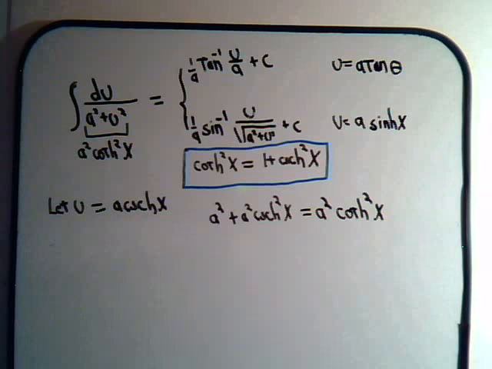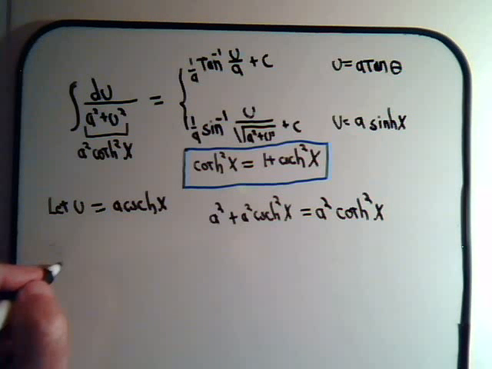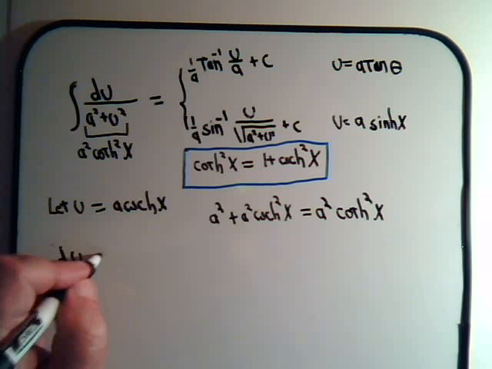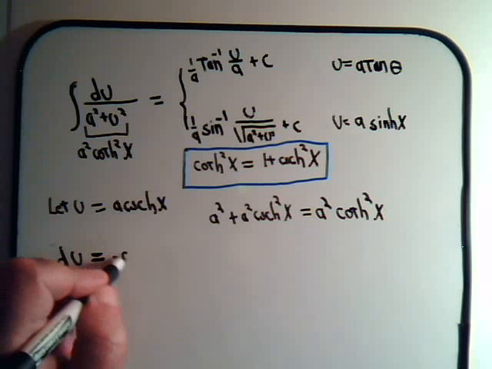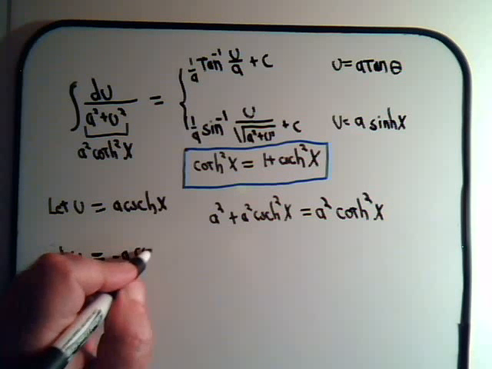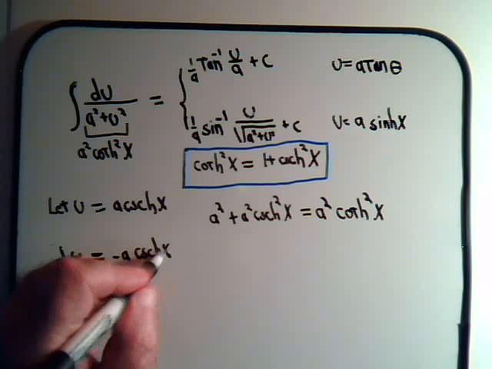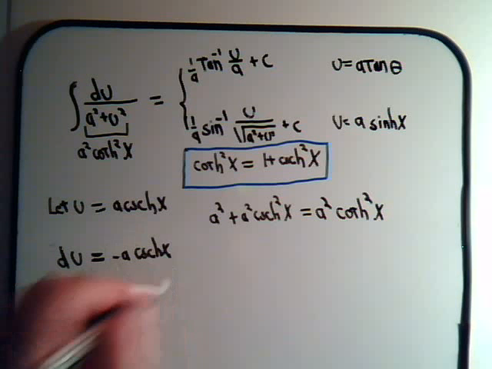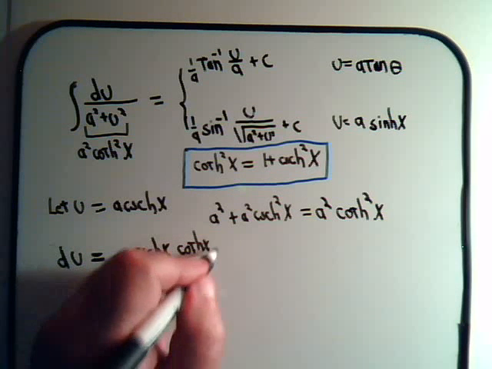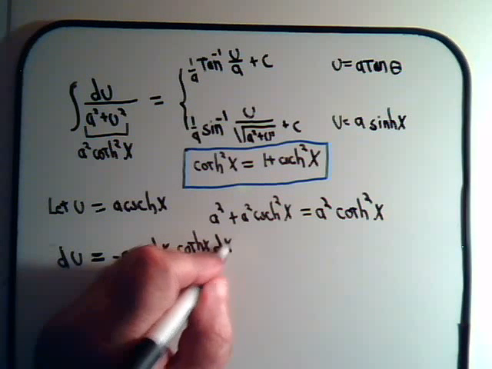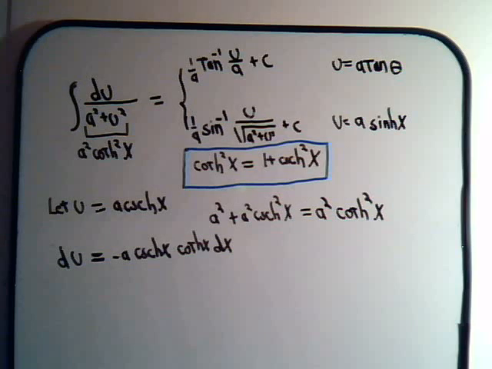And now we have to find out what du is. So du, and hopefully you remember your basic hyperbolic derivatives, is going to be minus a times the hyperbolic cosecant of x times the hyperbolic cotangent of x dx.